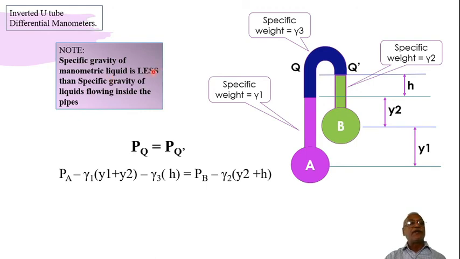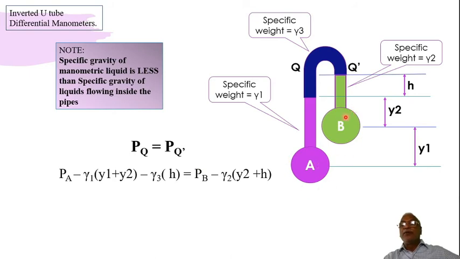So specific gravity is less than the specific gravity of liquids flowing inside the pipes. That is what is important in inverted U-tube manometers. That is what one has to specify when we write about inverted U-tube manometers. Otherwise, the things are similar.